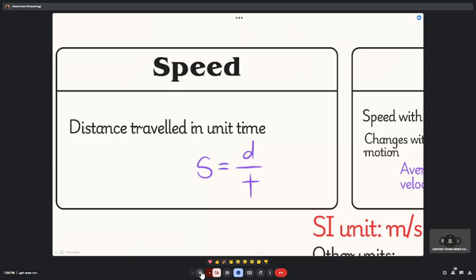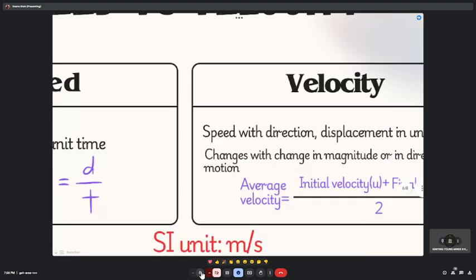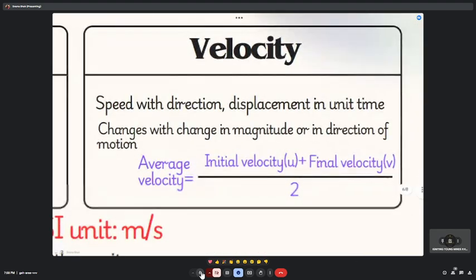So basically, velocity is not used throughout a journey. Velocity is used when you want to understand the object of a particular motion. So velocity is basically speed with direction, that is displacement in unit time. This is a very basic definition of velocity, the total displacement in unit time.